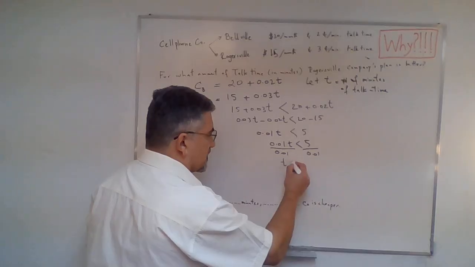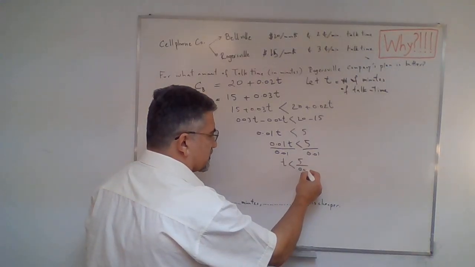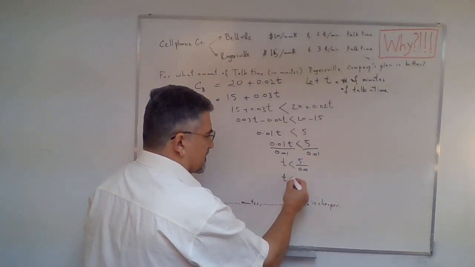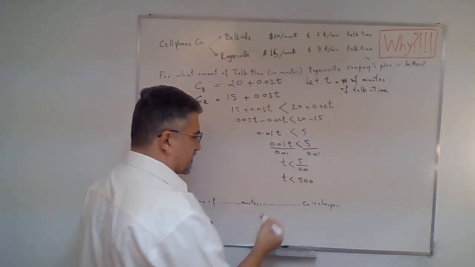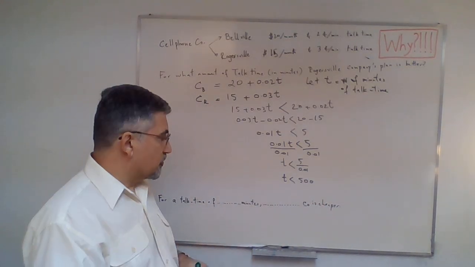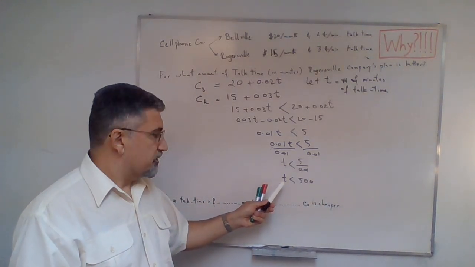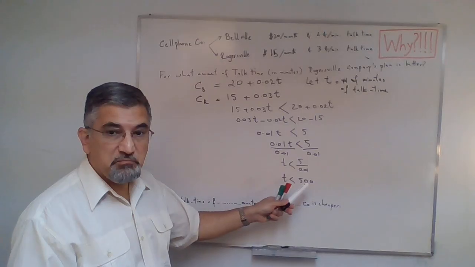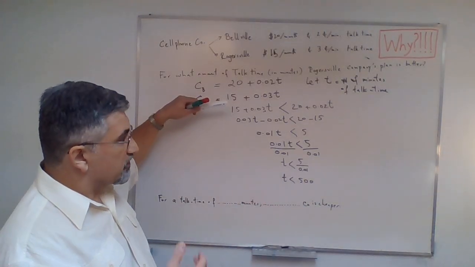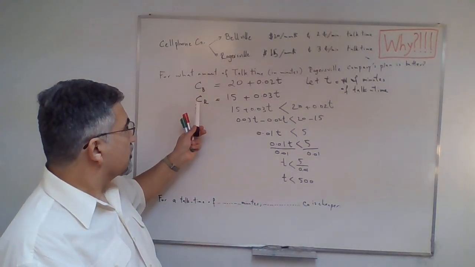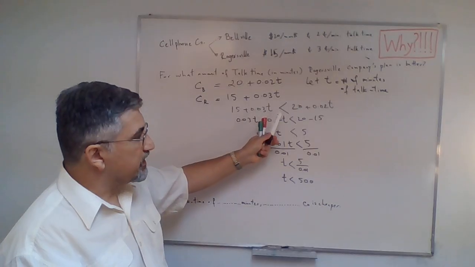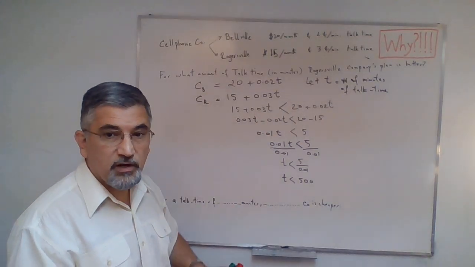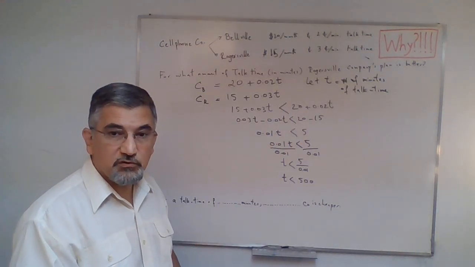So t is less than 5 over 0.01, and that means t is less than 500. So t, the talk time, must be less than 500 minutes for the cost of Rogersville to be less than the cost of Belleville. All right, so we figured out what the answer was.